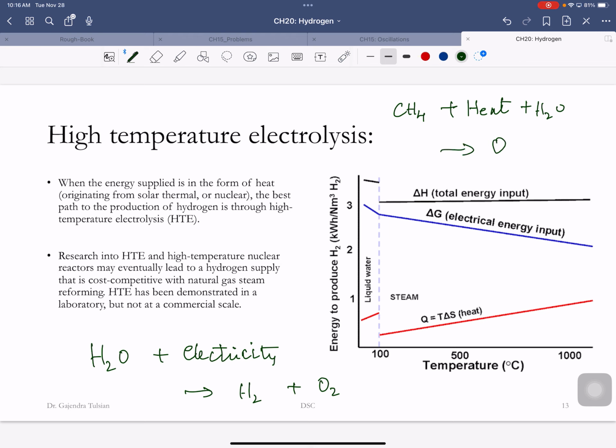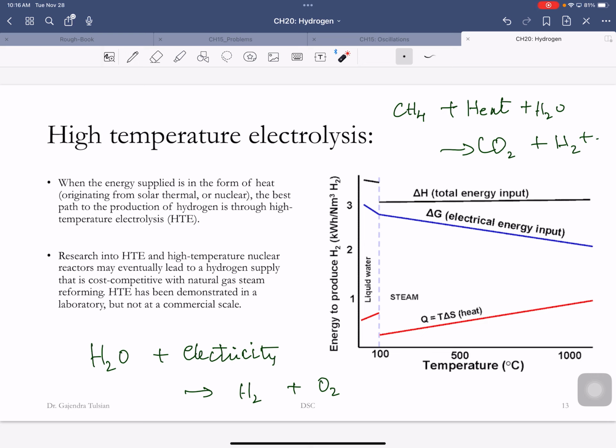It still gives you carbon dioxide and stuff like that. But still the carbon footprint is smaller. But if you produce hydrogen from water, then you have zero carbon footprint. Right now this is the way to produce it, with natural gas steam reforming.